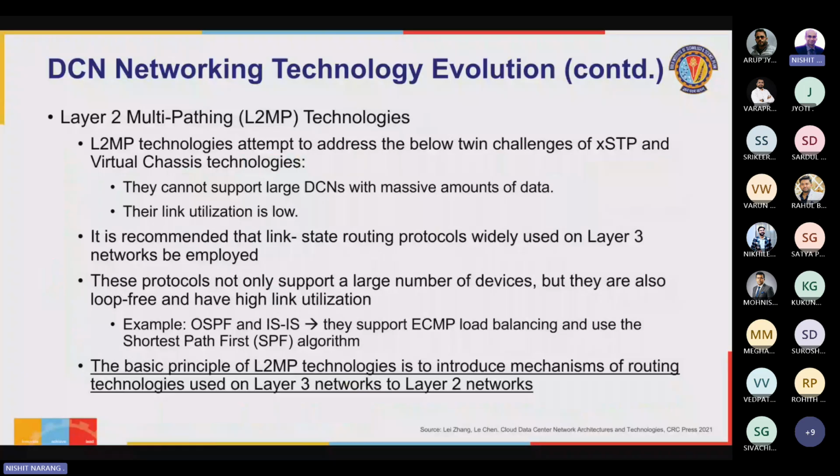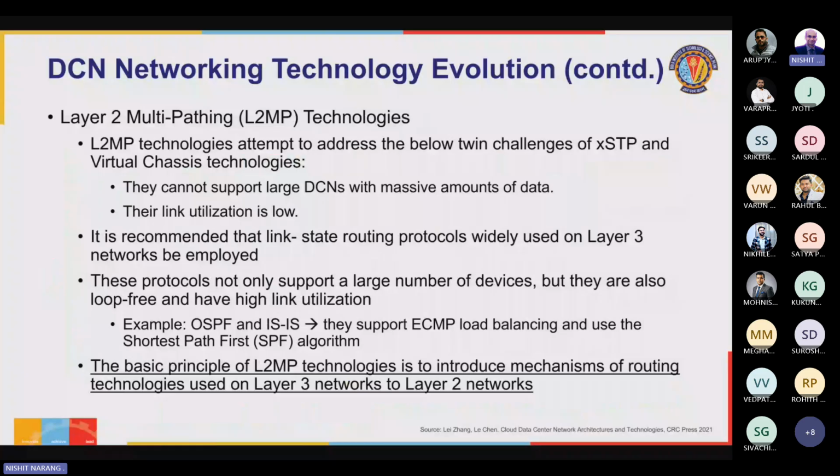But apart from the structure of access, aggregation, and core, the additional decision that I took was my choice of protocols to run in this structure. And what was that choice? I said I will run layer 2 protocols in the access aggregation part of the network, and I will use L3 protocols in the aggregation core part of the network.